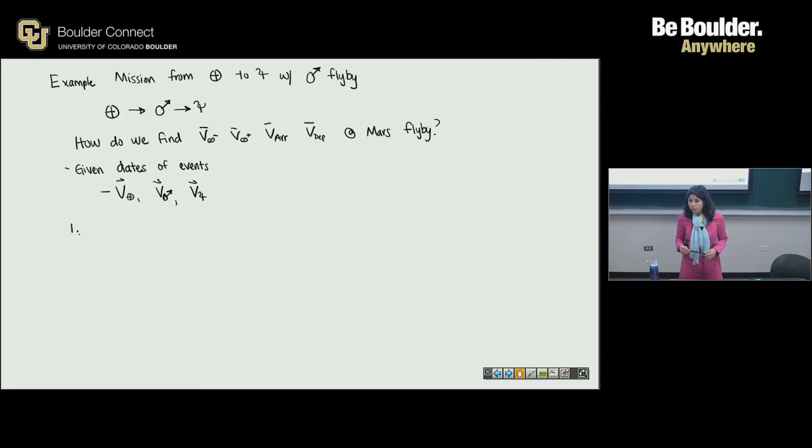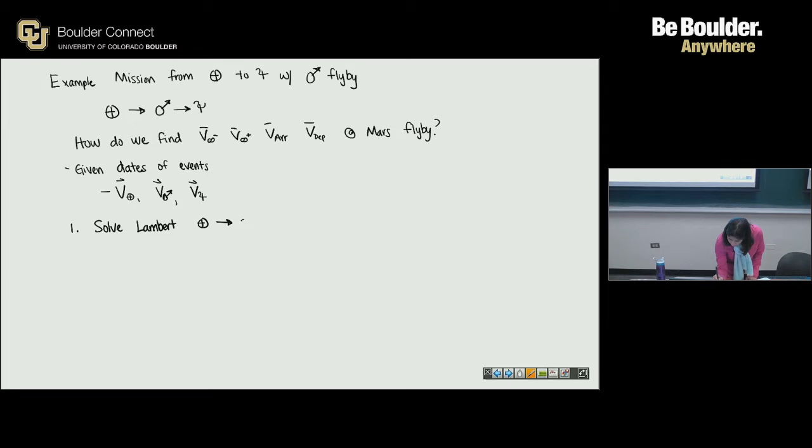We want the arrival velocity at Mars. What are we putting into our Lambert solver? Position of Mars. And Earth, yeah. So we'll solve Lambert's from Earth to Mars. This will give us our velocity of arrival at Mars.